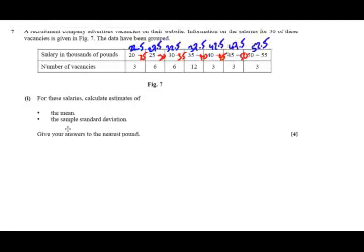Okay, so I'm ready to go for this calculation. An estimate for the mean is going to be x bar equals the sum of all of the frequency times midpoints divided by the sum of the frequencies.